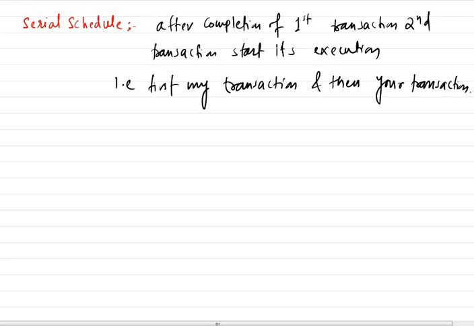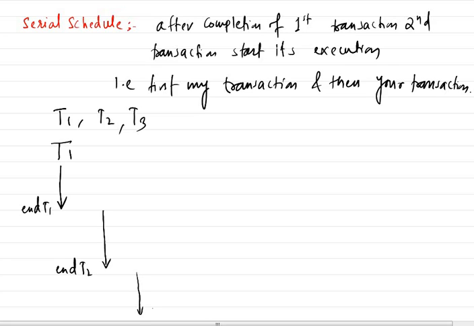If there are three transactions, T1, T2 and T3, in the schedule T1 will be executed first. At the end of T1, T2 starts its execution, and at the end of T2, T3 starts execution.